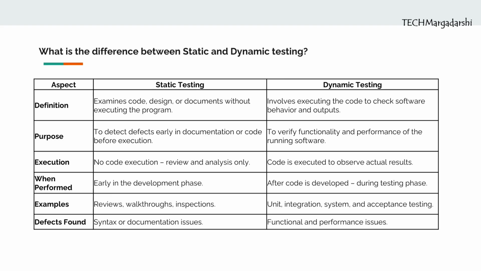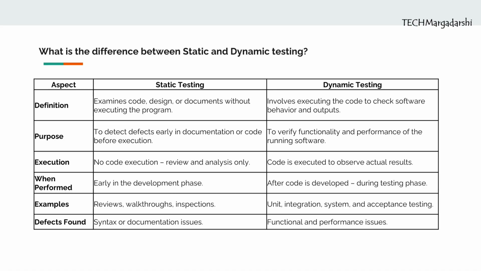Now, let's see the next question. What is the difference between static and dynamic testing? Static testing means testing without executing the code. It focuses on reviewing documents, design, and source code to find early defects, like syntax mistakes or incomplete requirements. Examples include code reviews, walkthroughs, and inspections. On the other hand, dynamic testing involves executing the actual software.